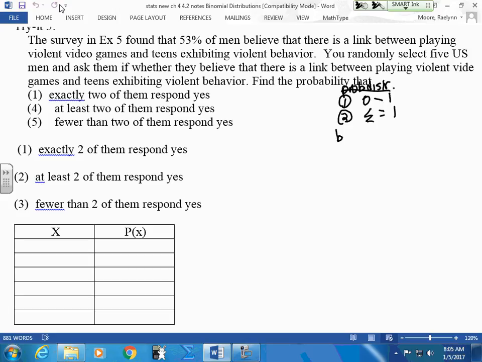What makes this a binomial probability distribution? Now, Devin, how many choices do you get? 2 choices, 2 outcomes. What else? The probability has to be consistent. Probabilities are fixed. These are independent.